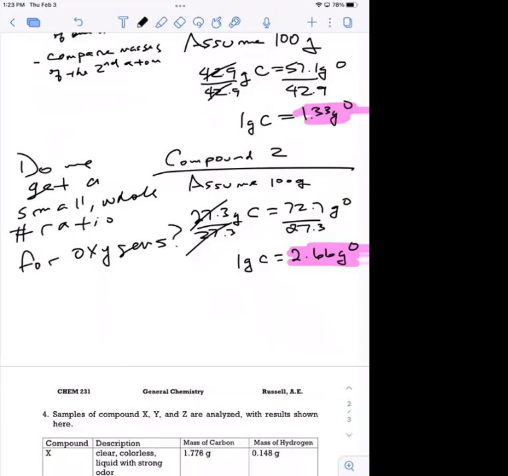So we'll take the masses of oxygen, put 2.66 here, put 1.33 here.